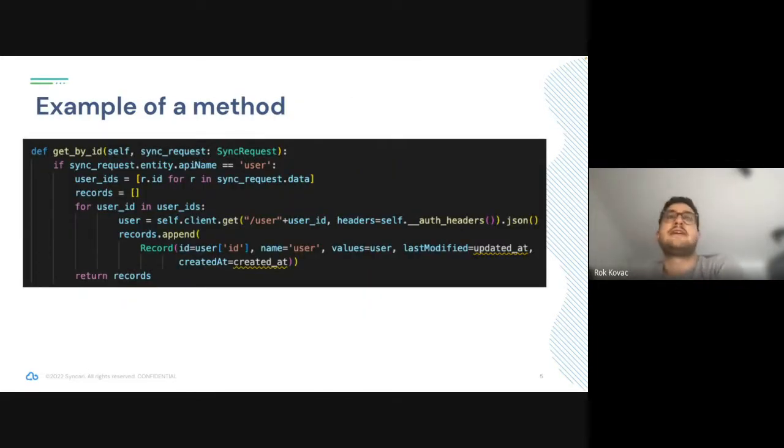And here is an example of a dummy method. So here's an example of a get by ID.